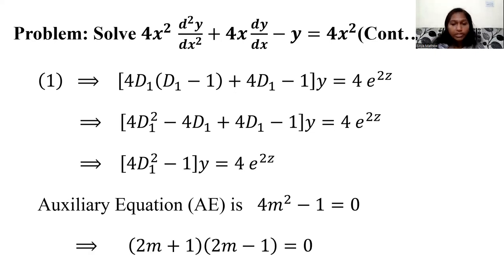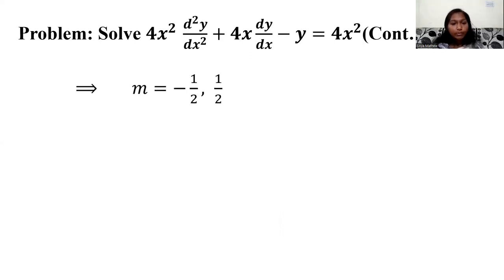Now solving the equation, since the auxiliary equation is of the form a squared minus b squared, applying that identity and expressing it as a plus b into a minus b, the equation can be rewritten as 2m plus 1 into 2m minus 1 is equal to 0. So we get two values for m: one is minus 1 by 2 and the other is plus 1 by 2. Thus we have real and distinct roots, two real roots which are distinct.